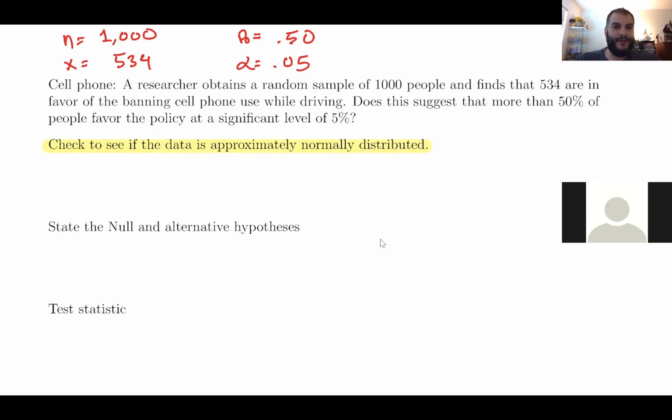To check if it's approximately normally distributed, we check the condition that n times the proportion of the claim has to be greater than or equal to 5, and n times 1 minus the proportion of the claim has to be greater than or equal to, not 10, but 5.